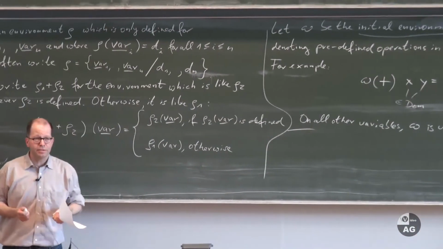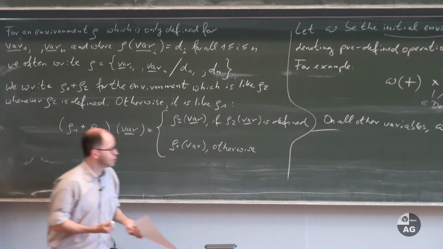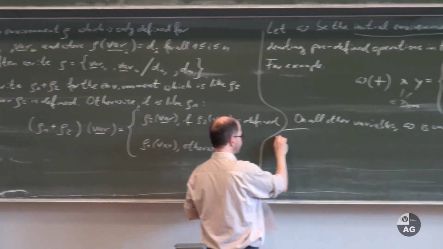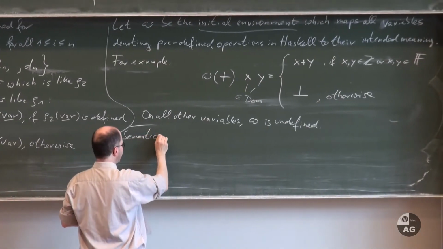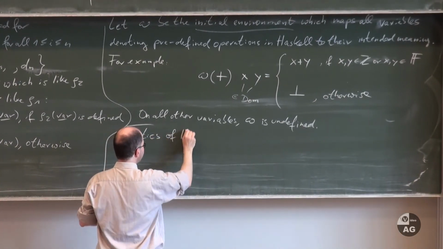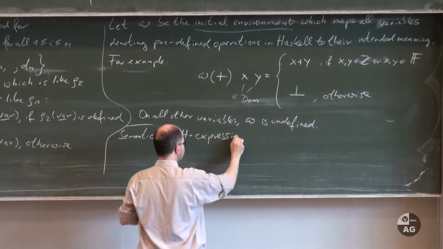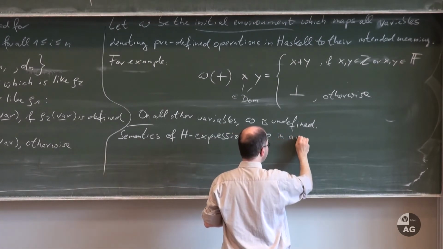And now, as I said, we want to define the semantics of Haskell expressions, and we will do this by a function called val for value. Semantics of a Haskell expression exp in an environment rho.